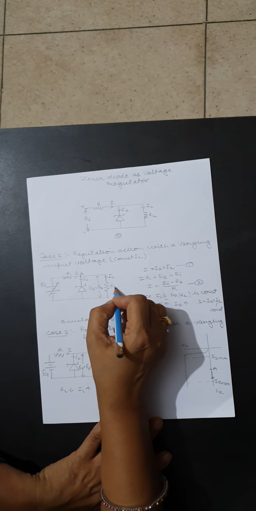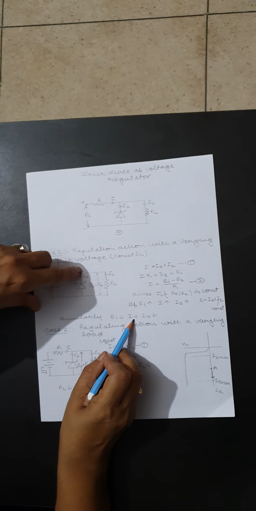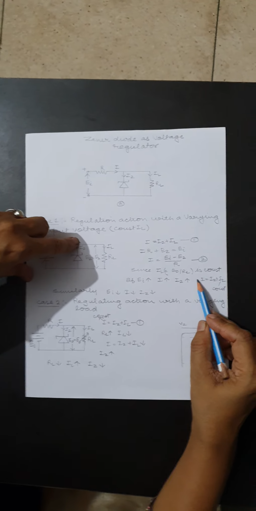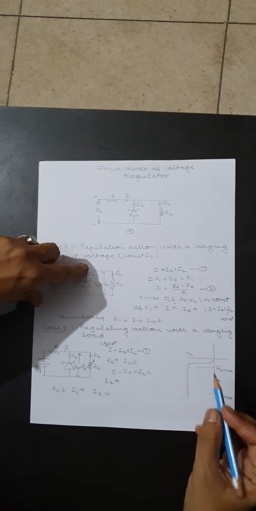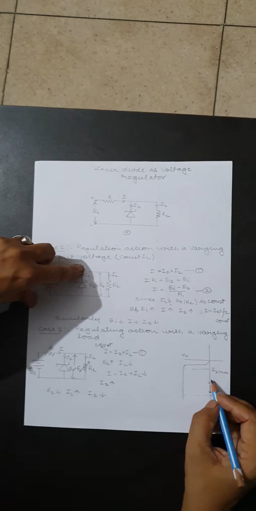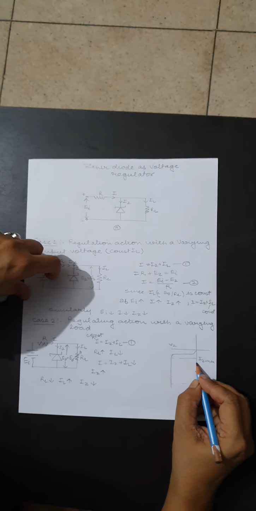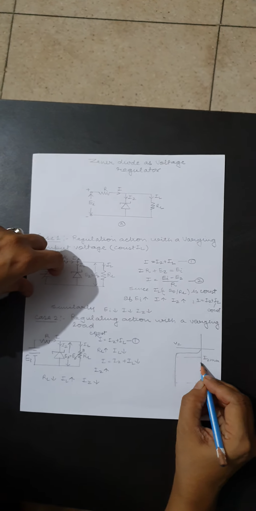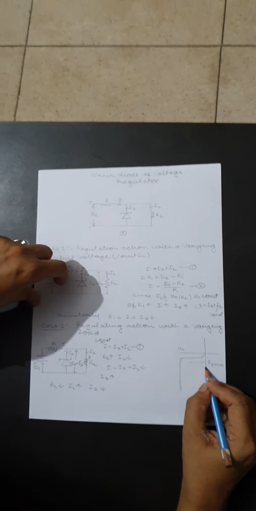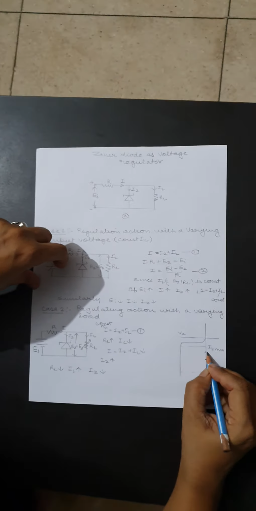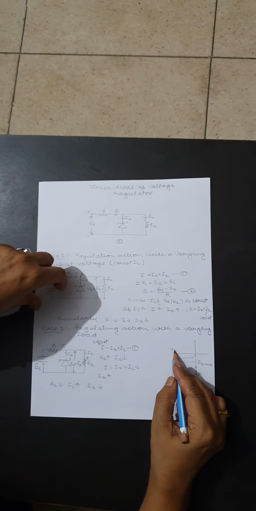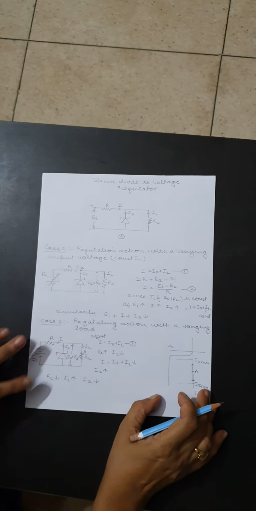Similarly, if value of EI decreases, value of I decreases, and I decreases means IZ decreases. Initially, value of IZ is this, and when EI decreases, value of IZ moves in this upper direction, but output voltage is constant. Value of VZ, EZ or E naught is constant.